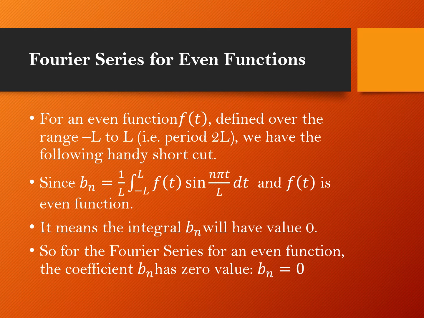For this problem, we don't need to calculate the value of bn, where bn is equal to 1 upon L, integral from minus L to L of f(t) sine n pi t upon L dt. This is the generalized formula for bn. If we replace L by pi, we get the previous formula which we already studied in a previous PPT.